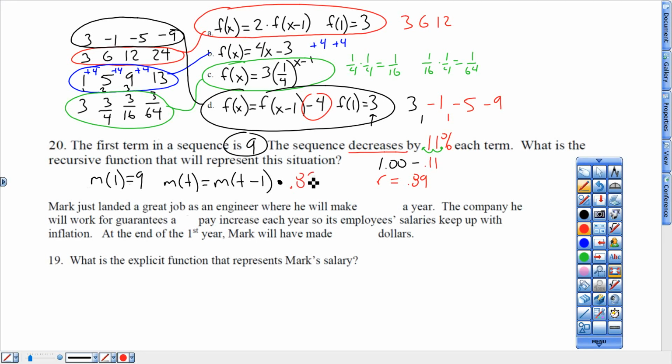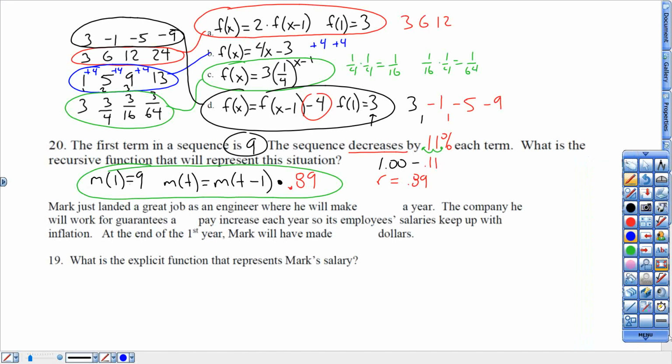That will reduce your numbers down by about 11% each time. And what I'd like you to do is show me that. So knowing that the first term is 9, if I keep multiplying by 0.89 each time, it's going to whittle it down a small percent.